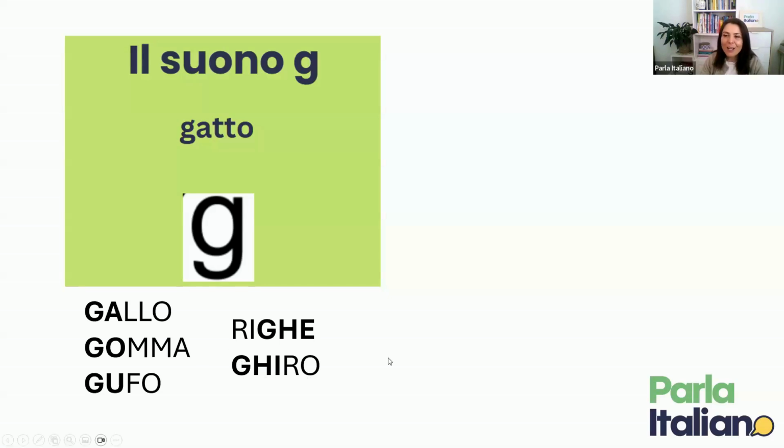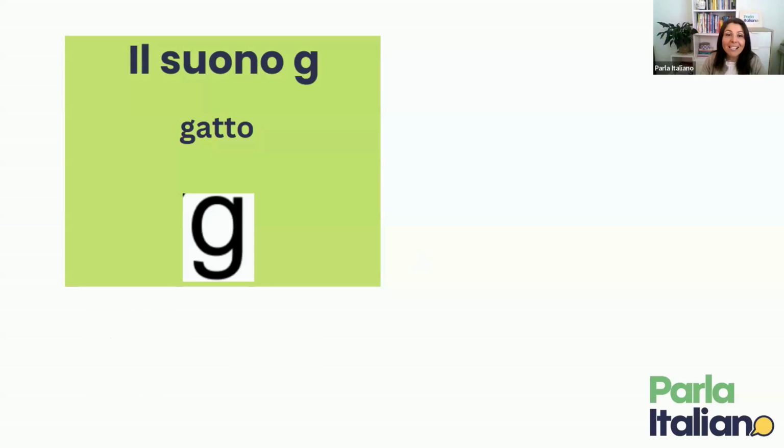Have a quick look at this and tell me what is the rule of pronunciation. The sound G is pronounced G with A, so ga, O, so this is go, and also gu. By now, you have realized that the letters A, O, and U are the hard vowels, because always when they are following either C or G, they make the hard sound.